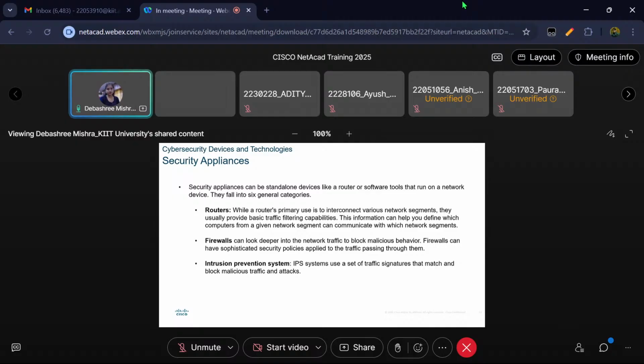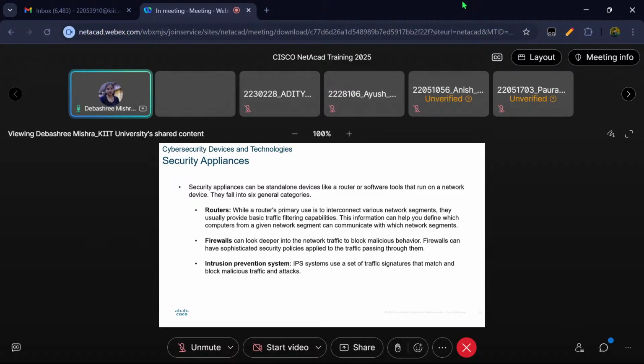First is your router. When you are using your router, you need to check your interconnected network segments, and have the basic information about the traffic filtering capabilities.